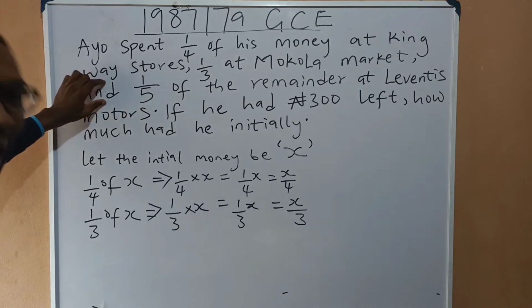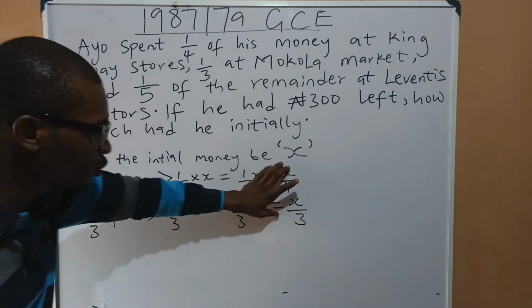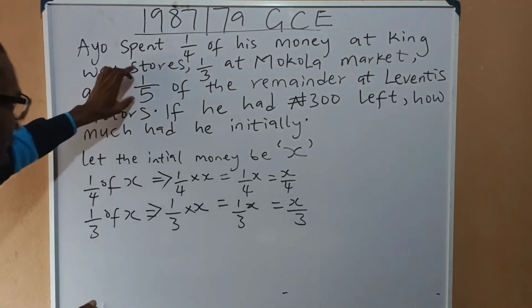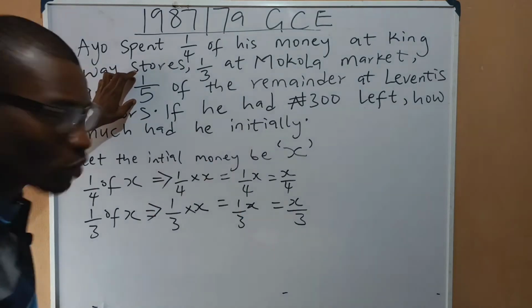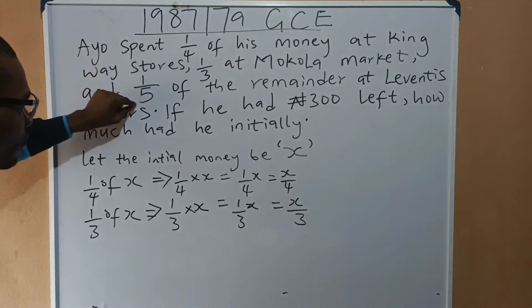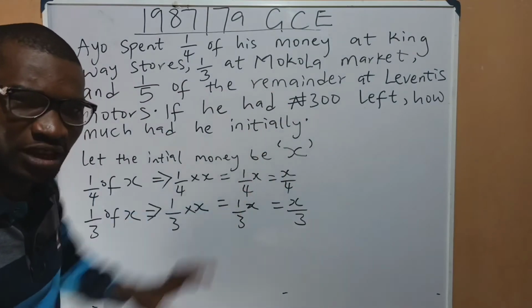The question says "and", and that means apart from these first two expenses that were spent together, there was another expense that follows, and that expense was 1/5 of the remainder. Let's first find the remainder after the first expenses.